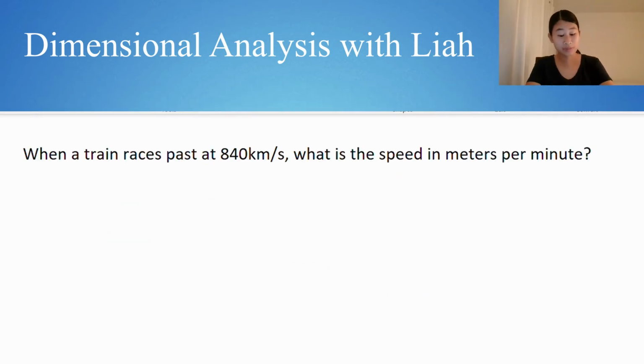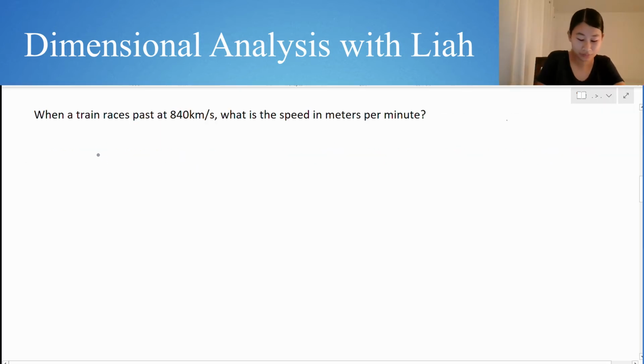When a train races past at 840 kilometers per second, what is the speed in meters per minute? Alright, so again, we're going to see what units we start with and which ones we end with. So we start here with kilometers per second, and we need to go to meters per minute.